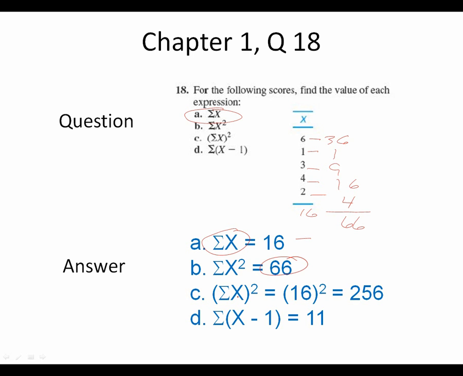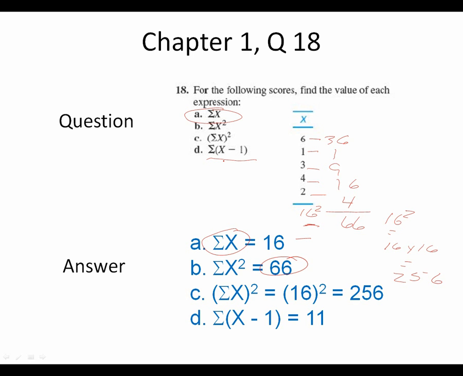So I get 16, which is the same as that, and I square 16. So 16 times 16 equals 256. Got it?